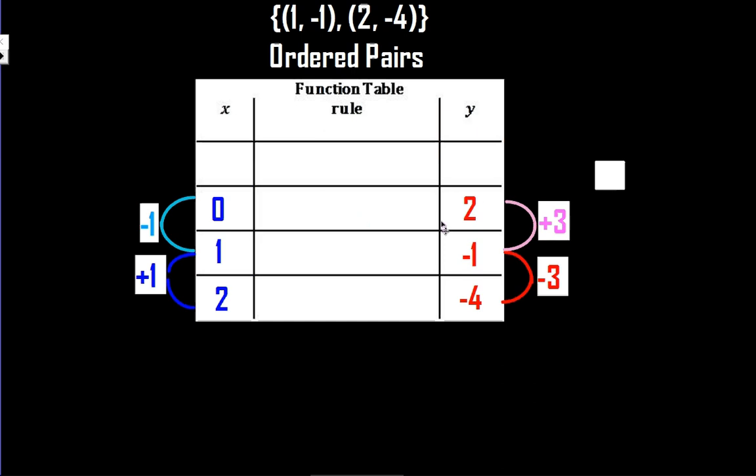So it still gives you that same amount. Let me actually write this out. We still have our change in y over our change in x. Again, that's going to be our slope. So we have a +3 and a -1, which again gives you the same result of our slope of -3.